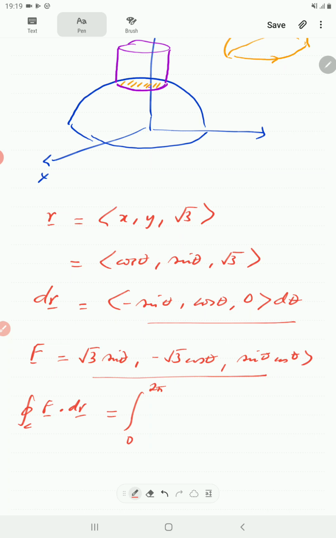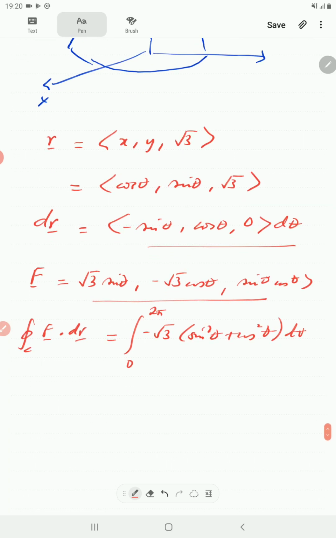So that thing is just going to be negative root 3 times sine squared theta plus cos squared theta d theta, which is just the integral of root 3 d theta. So that's going to be minus 2 pi root 3. Okay, so it brings us to the end of Stokes' theorem.